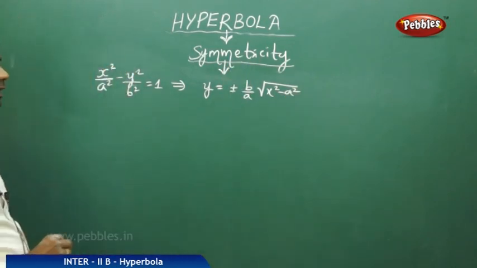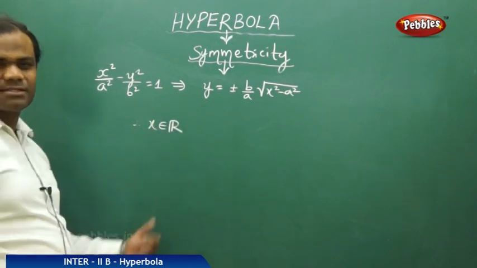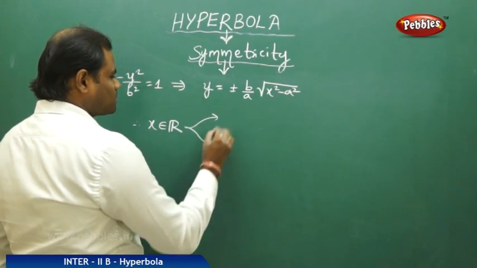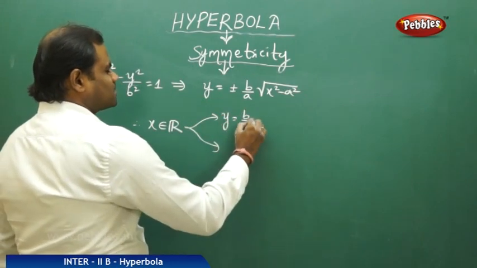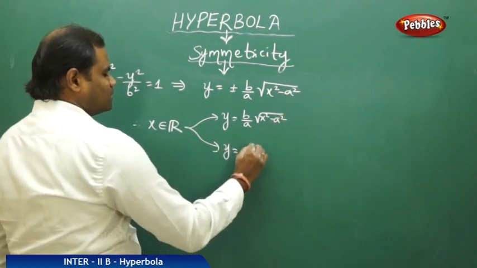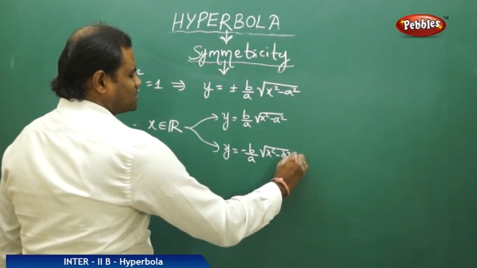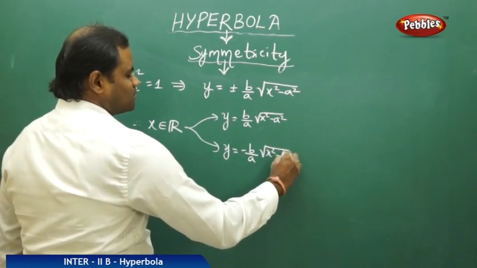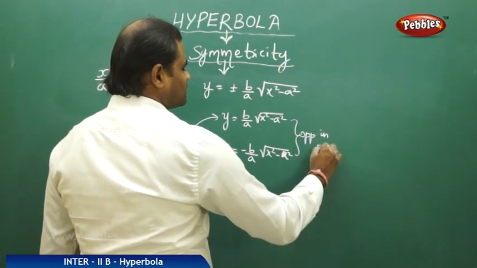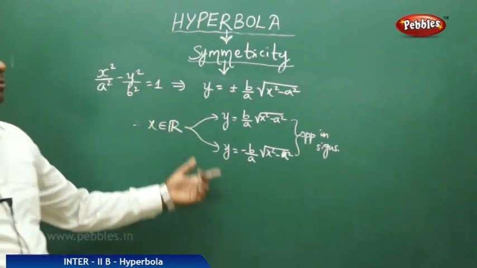Therefore, this makes us understand that every real x corresponds to two y values, one given by plus and the other given by minus, and these two are opposite in sign. That is how we understand the corresponding values.